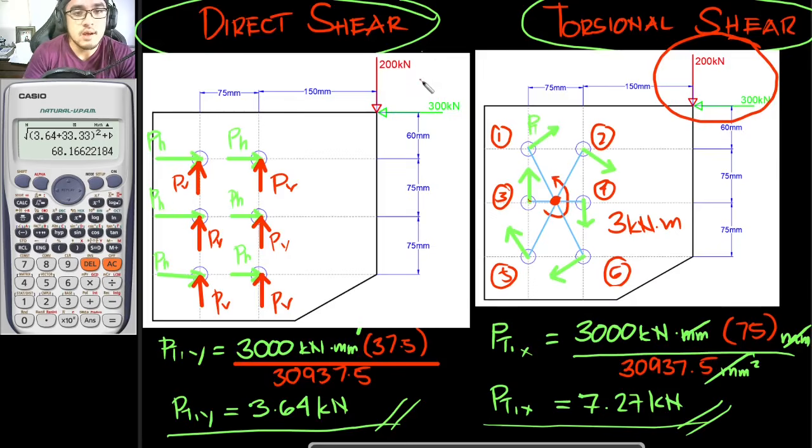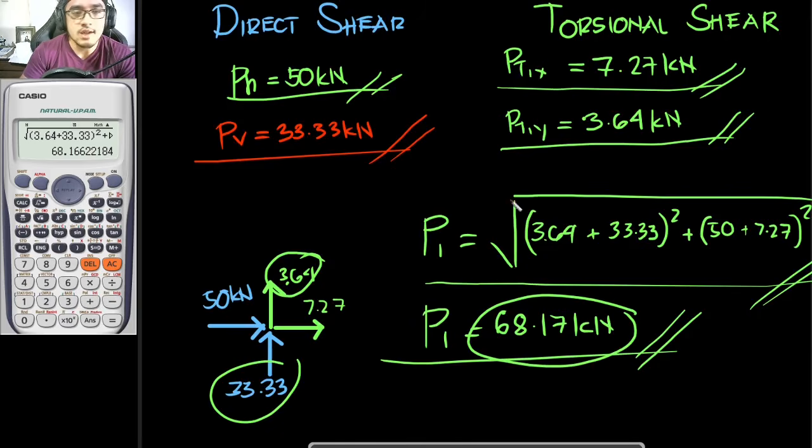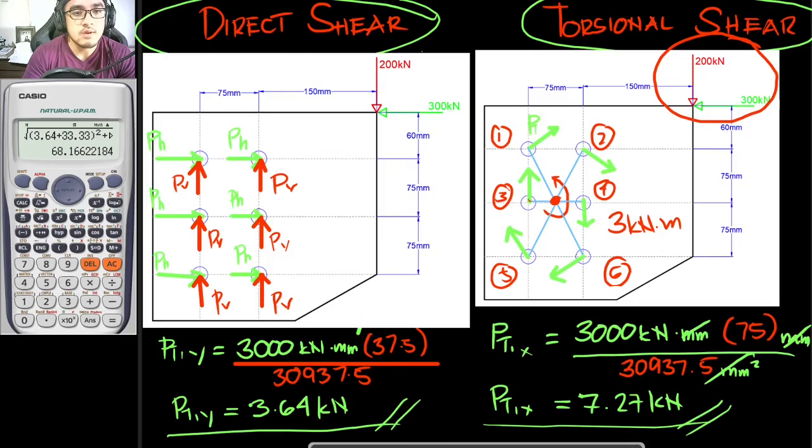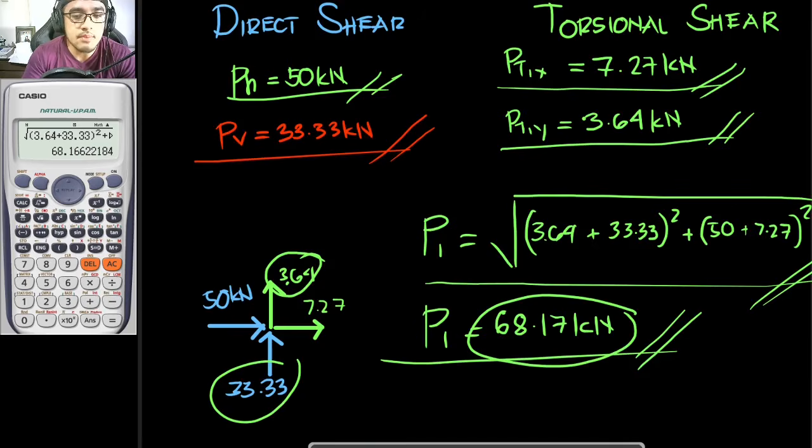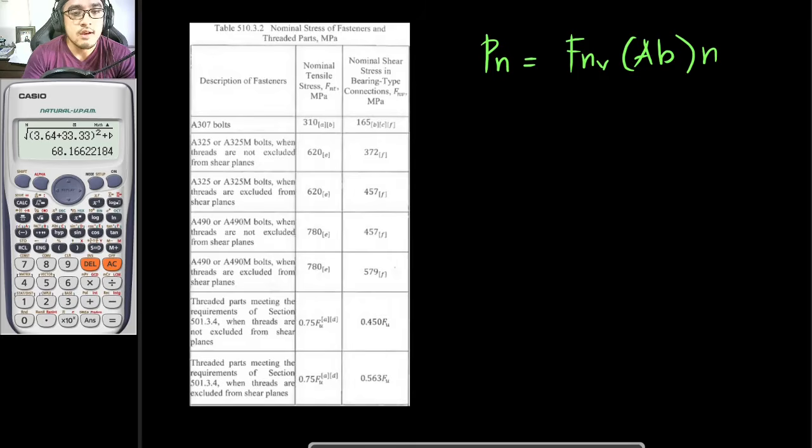And if, for example, allowable stress design is used and this is a service load, this value would be Pa. And for example, this one right here is a factored load, meaning we would use LRFD. It was not stated in the problem, but let's just assume that the designer who analyzed this problem used LRFD.